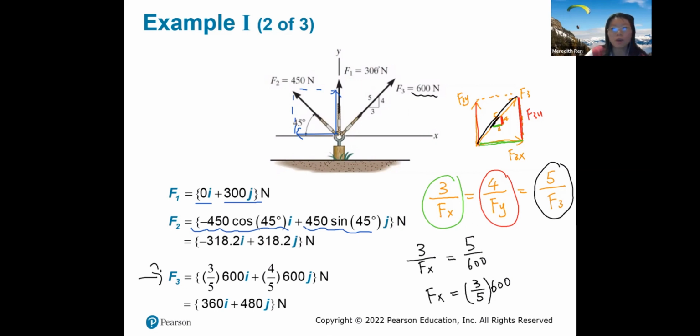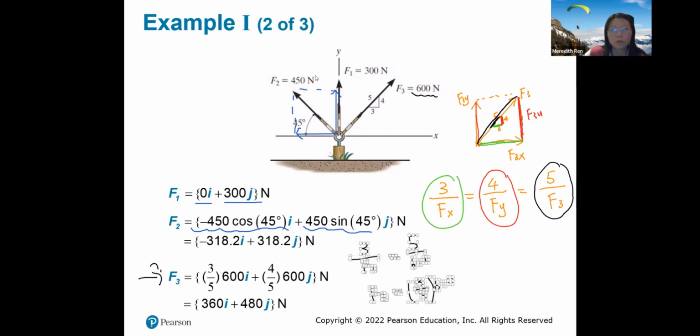And similarly, if I want to do the Y component, let me make some room over here. Let me move this. Okay, there you go. So over here, if you have 4 over Fy equals 5 over 600, right? The second part, we're looking for Fy, and F3 we know is a diagonal, which is 600 Newton.